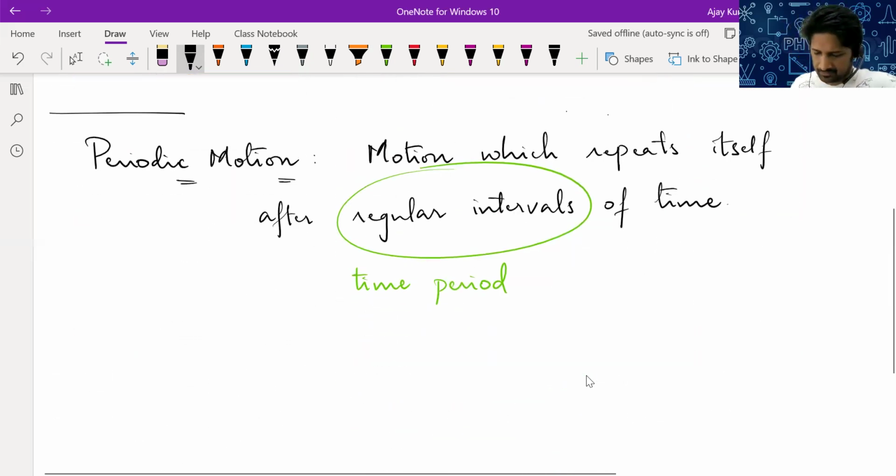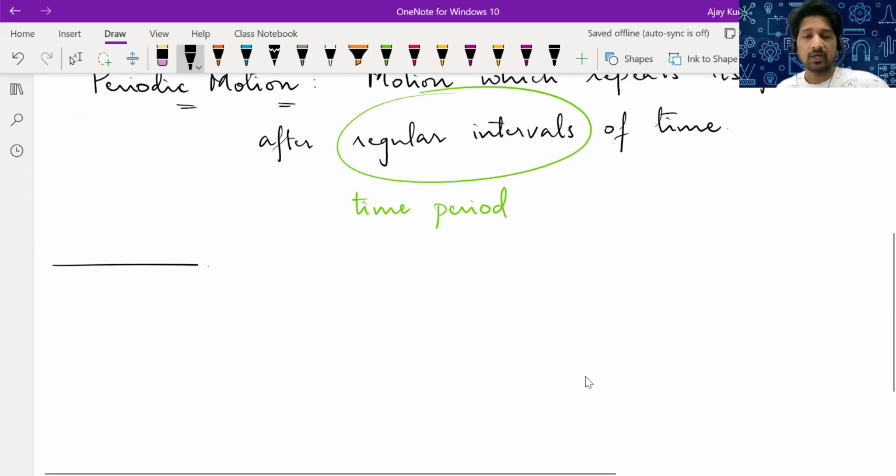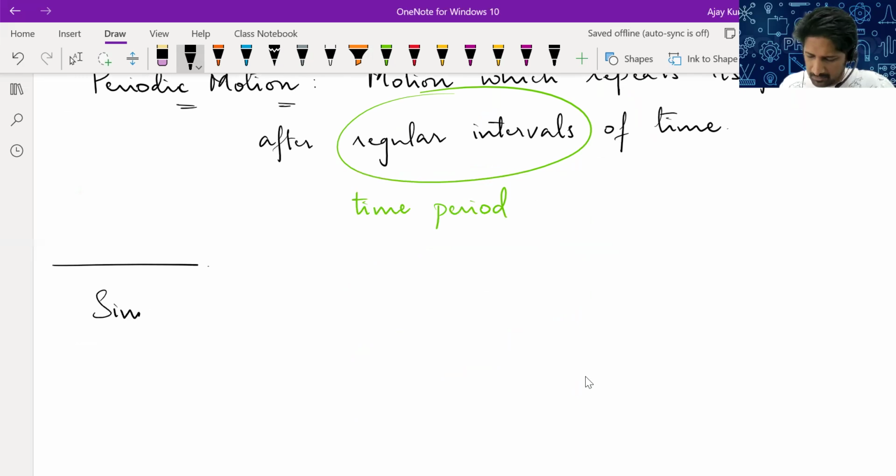Now, in your syllabus, there is one particular kind of oscillatory motion that we are going to discuss, which is called simple harmonic motion. In short, we call it SHM.